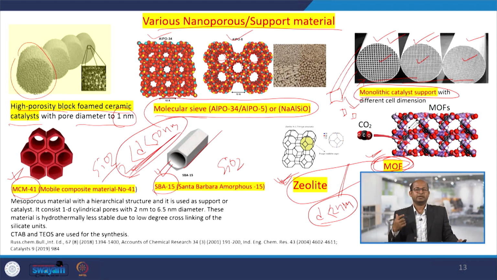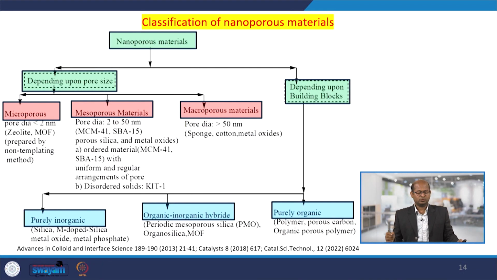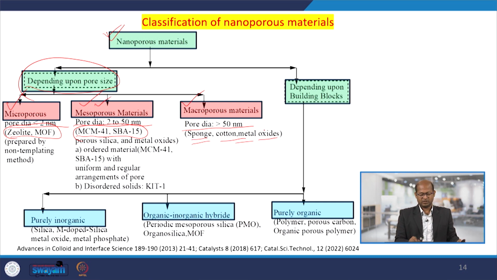Now we will discuss how we can classify nanoporous materials depending upon pore size: microporous, mesoporous and macroporous materials. Zeolites and MOFs are usually microporous materials, MCM-41 and SBA-15 are mesoporous materials, and some sponges, carbons and metal oxides having large pores are macroporous materials.